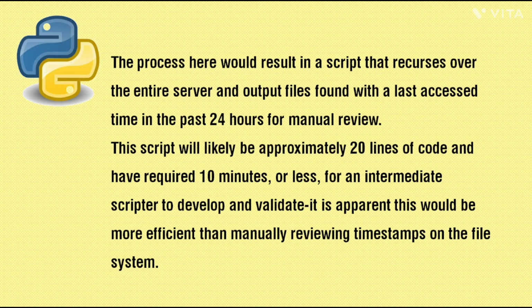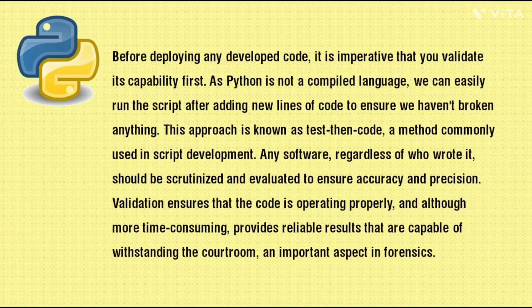Before deploying any developed code, it is imperative that you validate its capability first. As Python is not a compiled language, we can easily run the script after adding a new line of code to ensure we haven't broken anything.